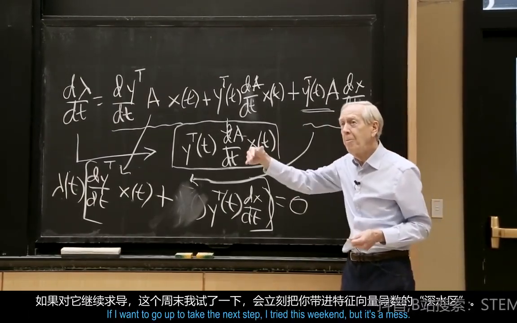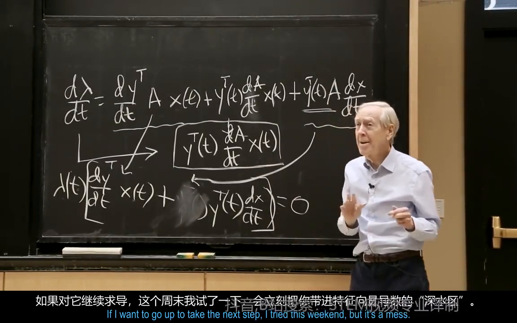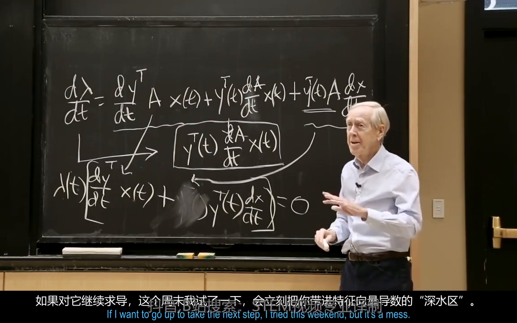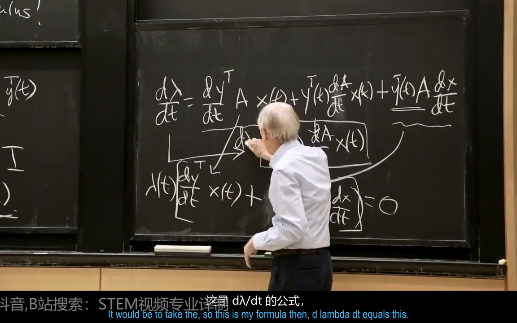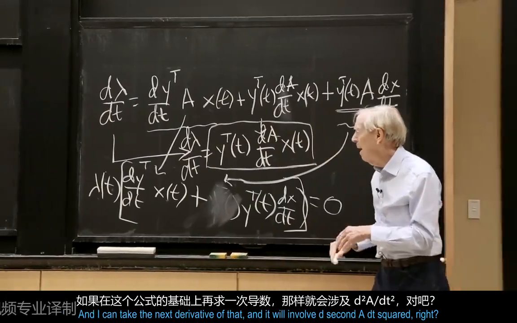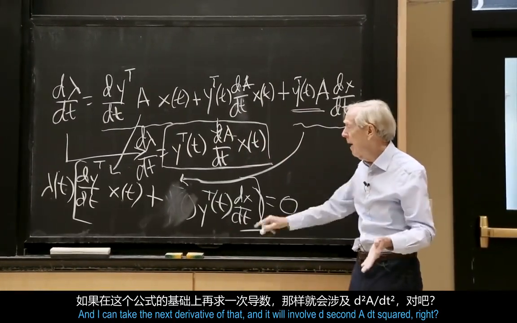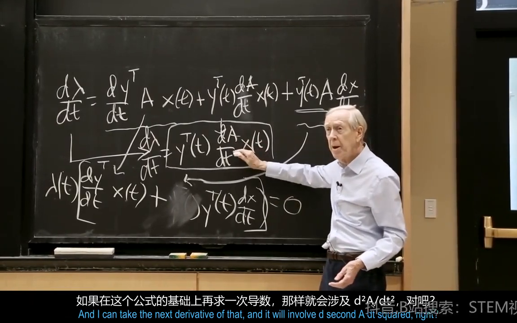If I want to take the next step, I tried this weekend, but it's a mess. My formula is d lambda dt equals this, and I can take the next derivative of that, and it will involve d second A dt squared, right?